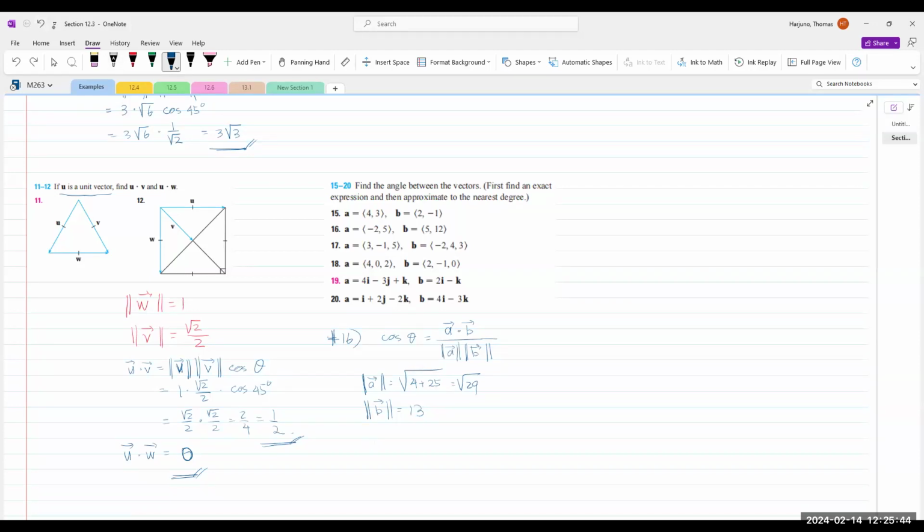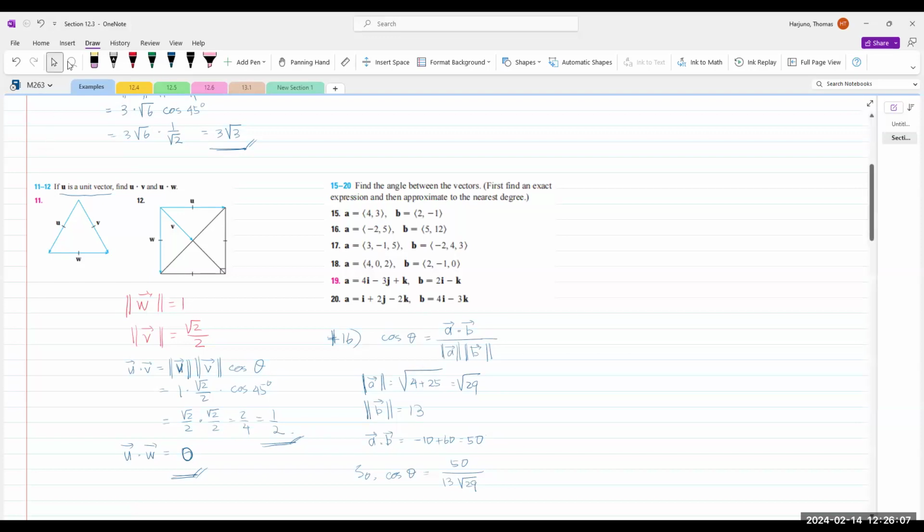So A dot B will be -10 plus 60, which is 50. So cosine of the included angle equals 50 over 13 times square root of 29.